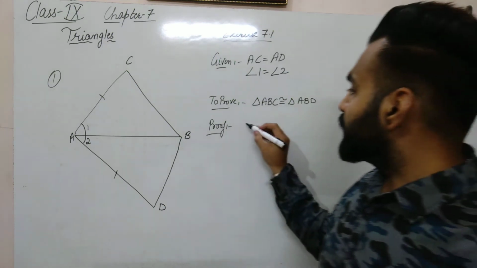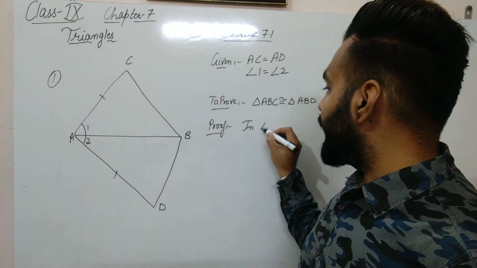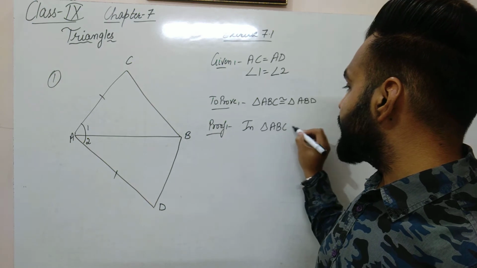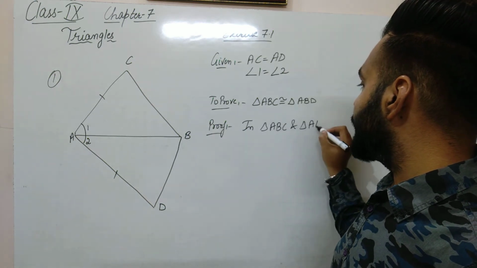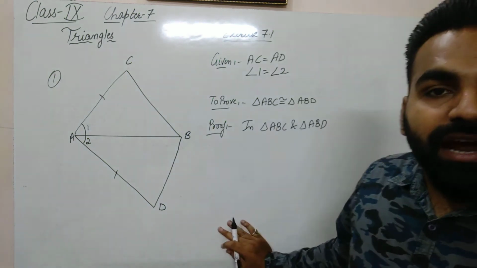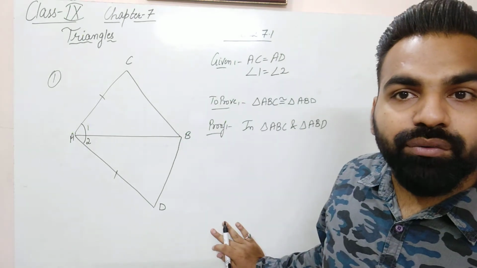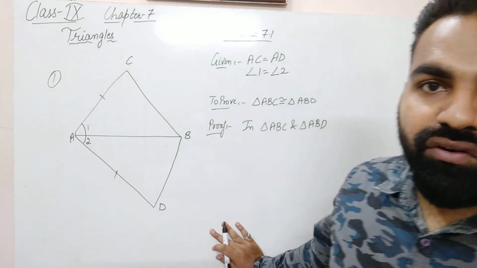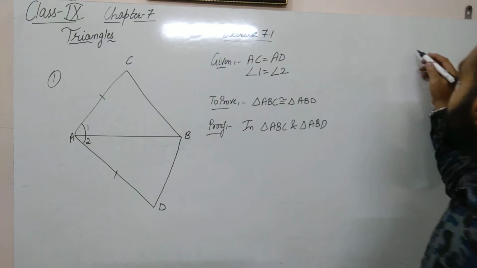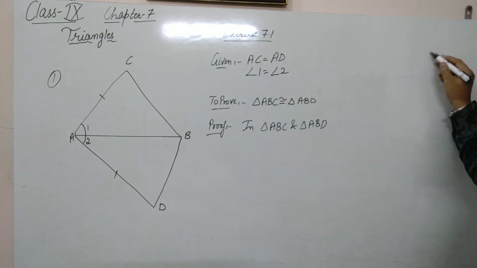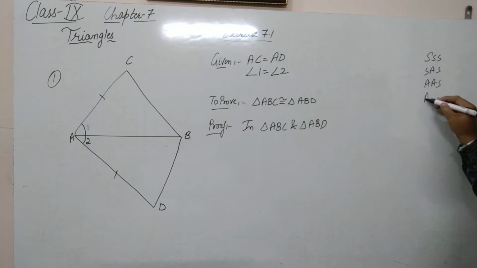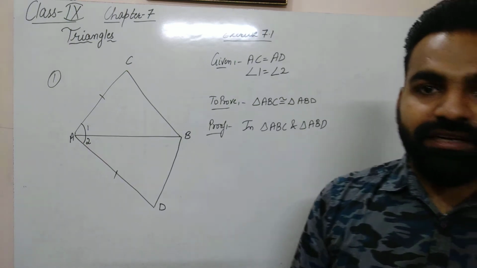So let's start. So first of all, pick the 2 triangles, triangle ABC and triangle ABD. Now we have to look for 3 equal parts to prove the congruency of triangles. We have different rules here: SSS, SAS, AAS, ASA and RHS. So let's see which rule is satisfied here.